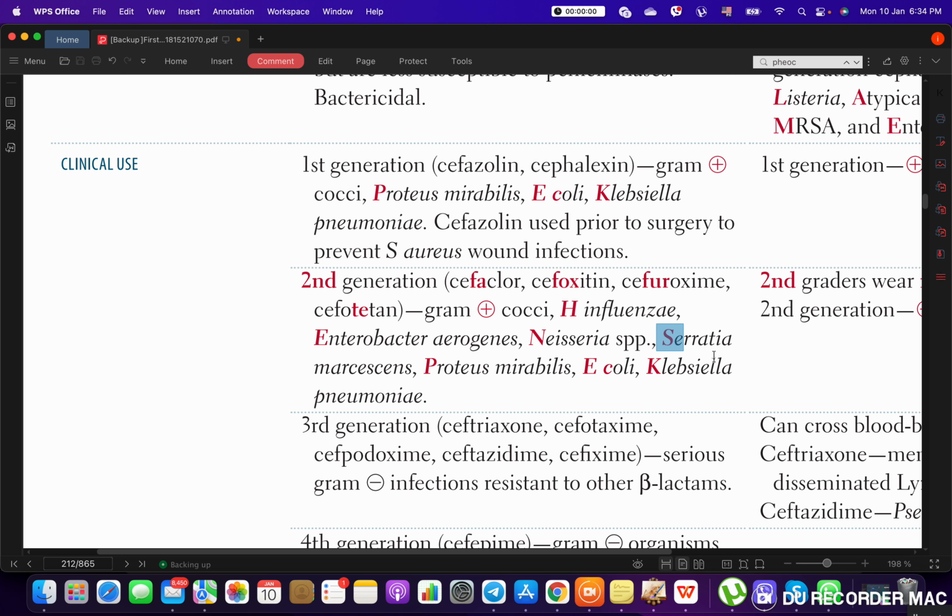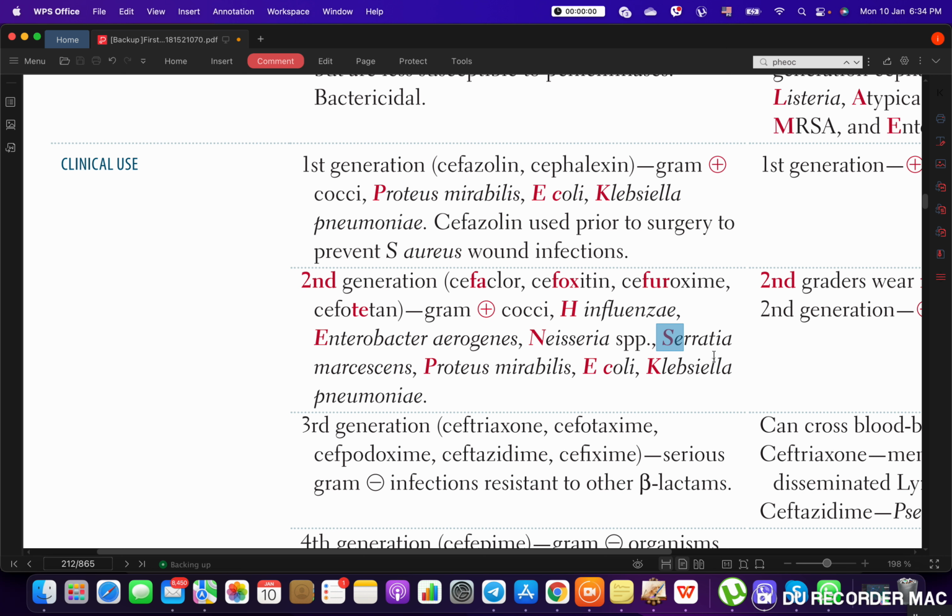Which primary immunodeficiency increases your risk of Staphylococcus aureus, Serratia, Staph epidermidis? All of these have one thing in common. All of them are catalase positive. So which disease increases your susceptibility to catalase positive organisms?